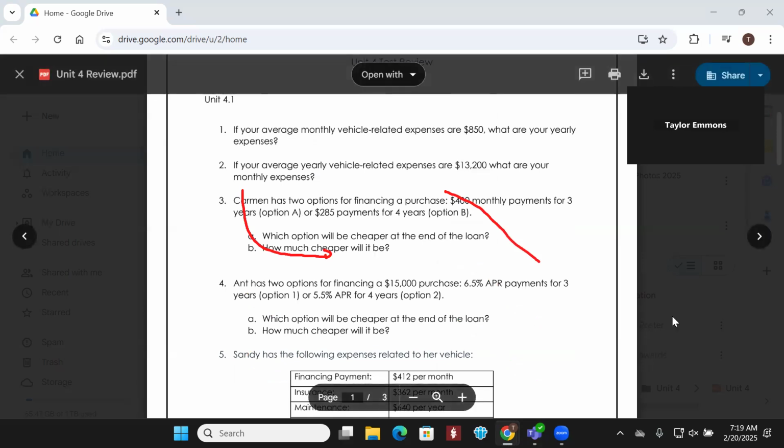On number 3, they have 2 options, $400 monthly payments for 3 years or $285 payments for 4 years, which is going to be the cheaper option. So when it says monthly payments, that means that we're going to take the number and multiply it by 12 and multiply it by the number of years. For option B, 285 times 12 times 4. You multiply those out and then say which one has less amount.